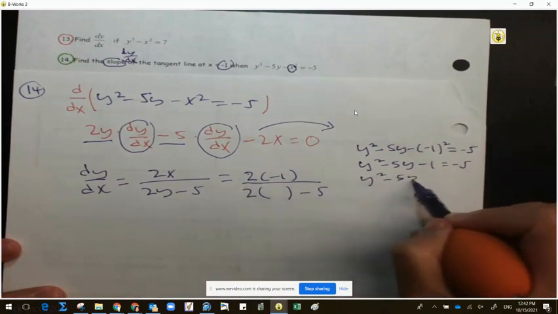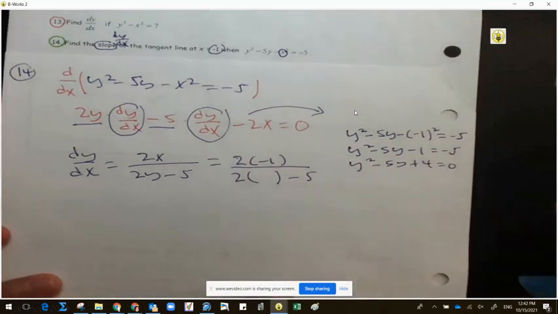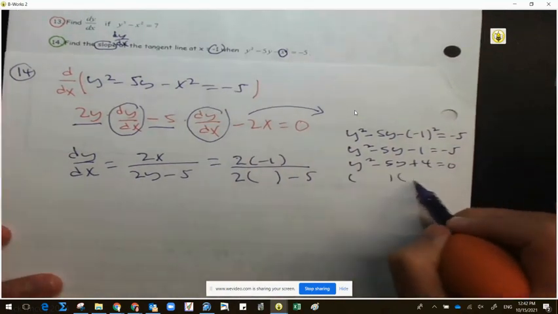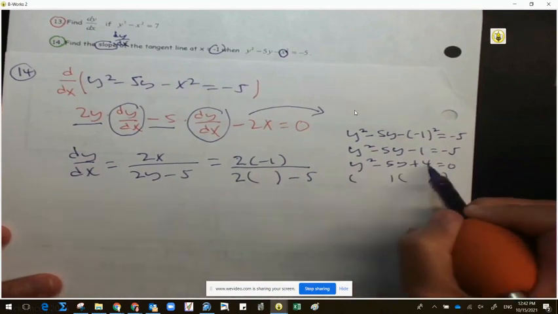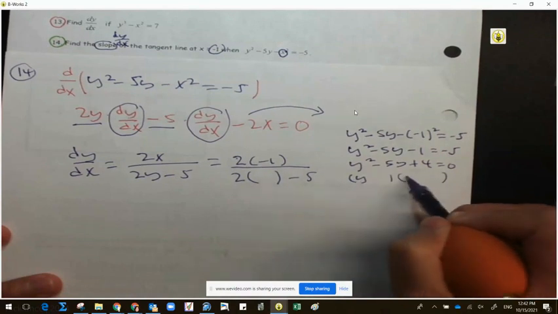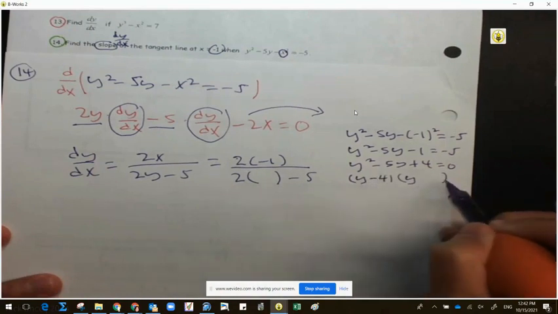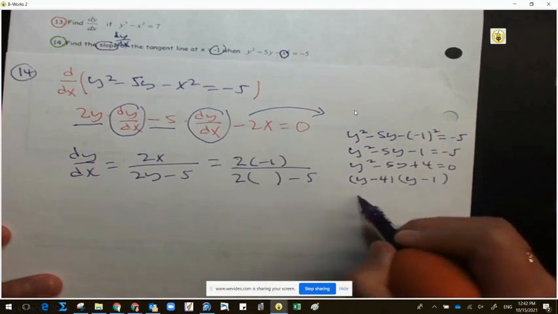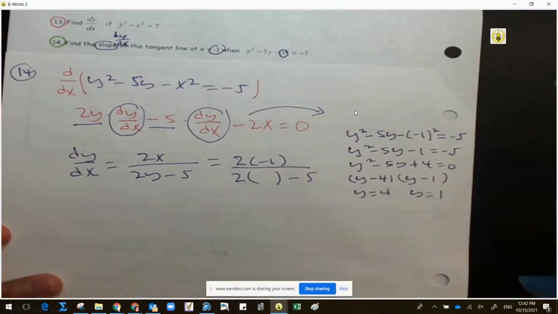So y squared minus 5y, when I add 5 on both sides, we get +4. So let's kind of recall our factoring. What two numbers will satisfy the product of 4 and the sum of -5? -4 and -1. Very good. So that means my y is equal to 4 and y is equal to 1.